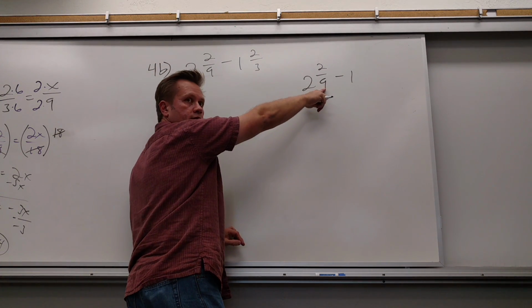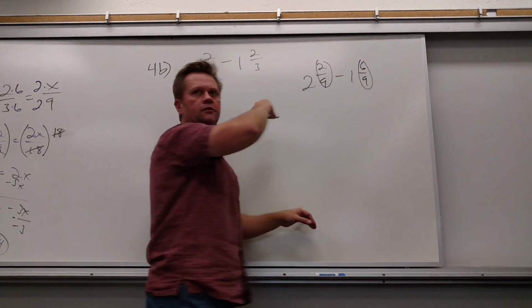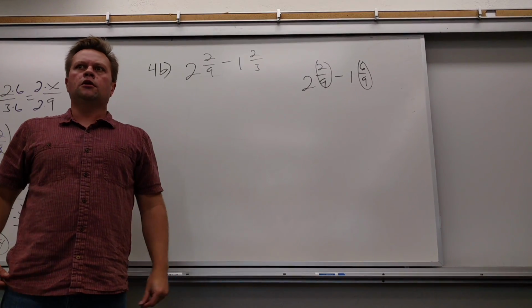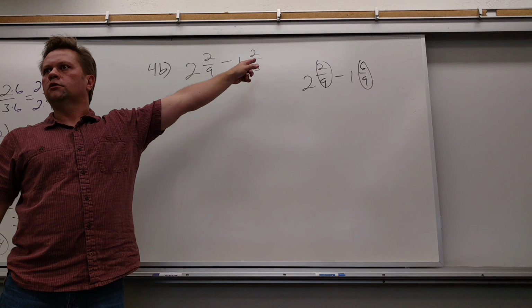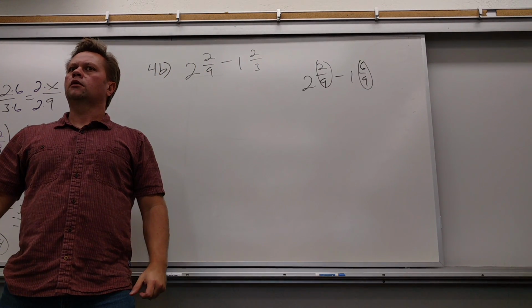To make it the same as this? If I do that, this is more than this. Then I have to do the weird borrowing thing, and you really don't have to do that. Make it improper.